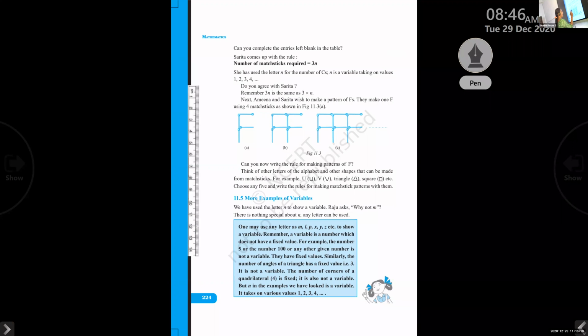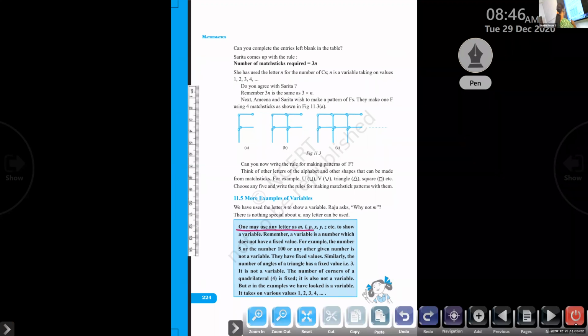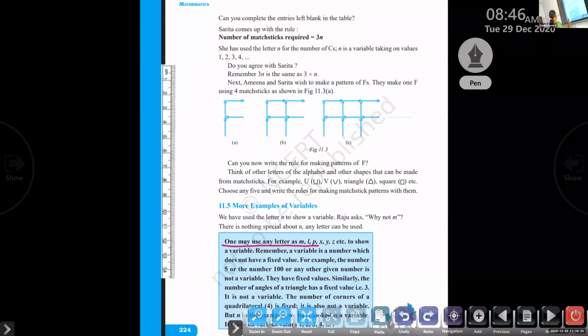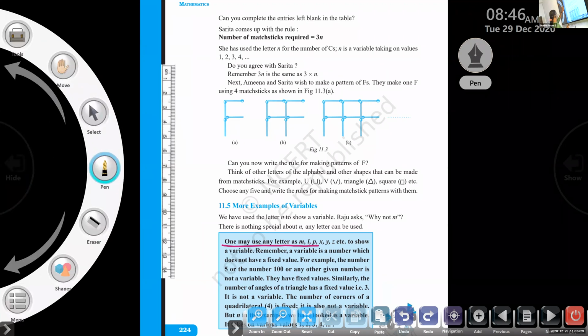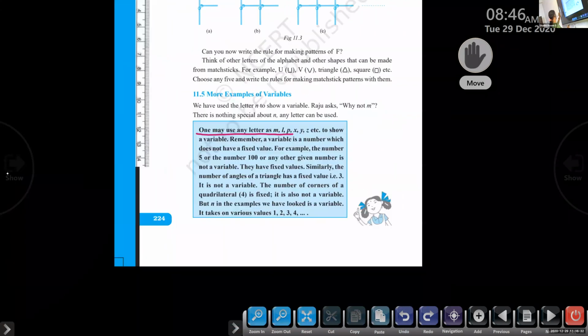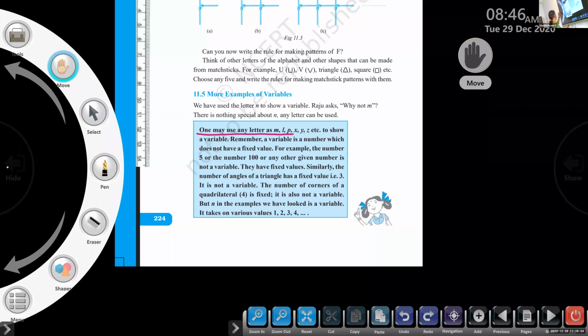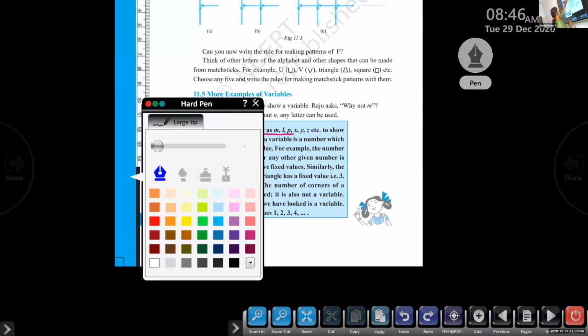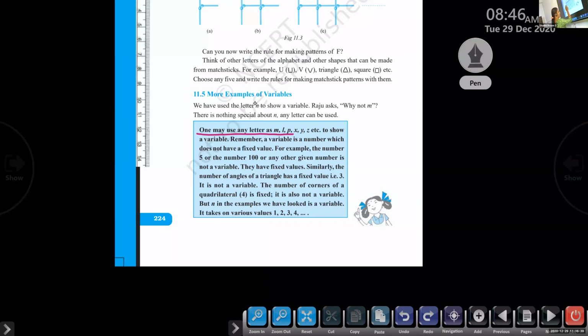One may use any letter as M, L, P, X, Y, Z, etc. to show a variable.